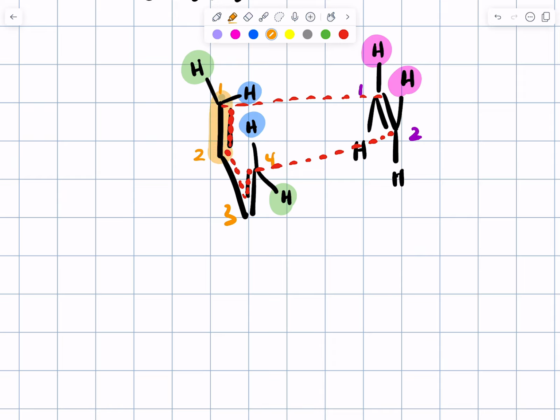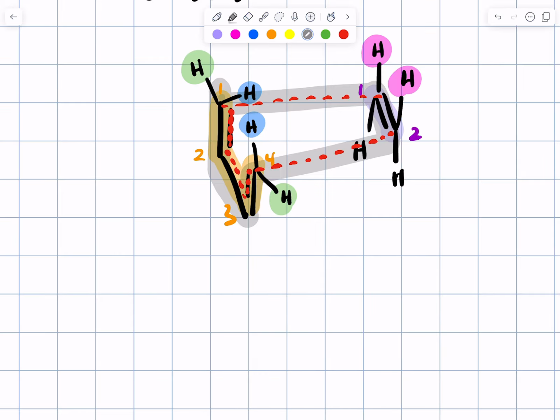The dotted red lines, I'm going to add orange highlighting for the diene. I'm going to add purple highlighting for the olefin. And then I'm going to highlight in gray the whole cyclohexene ring that we form. Okay? That's the transition state that leads to the Diels-Alder reaction.